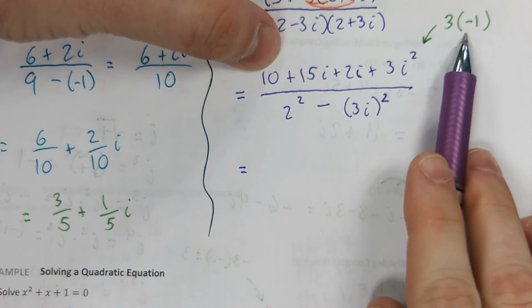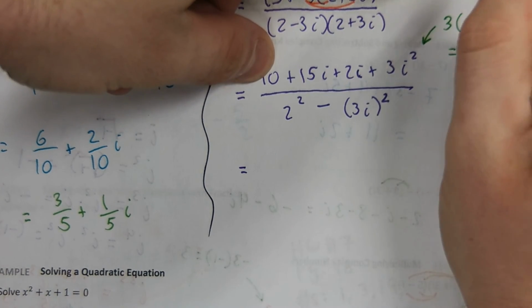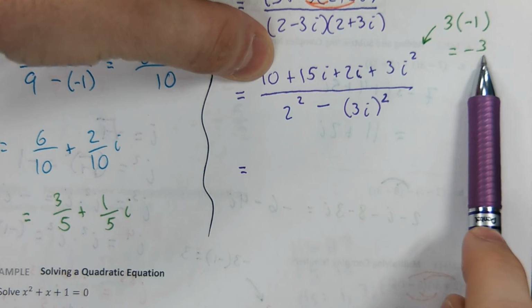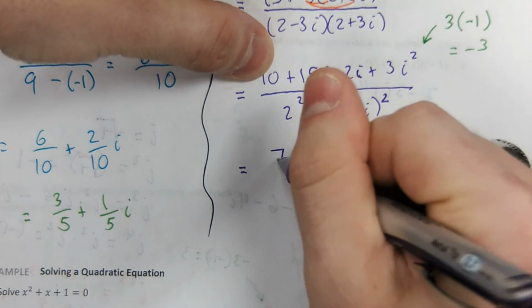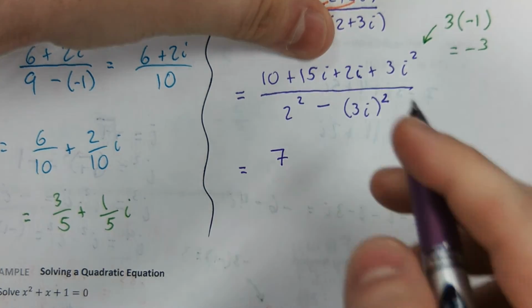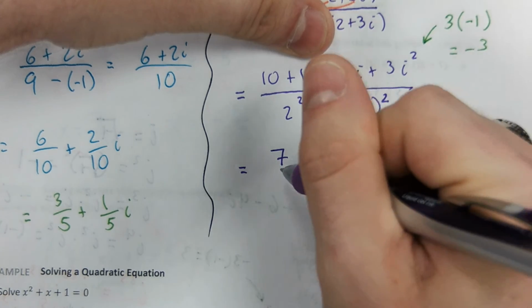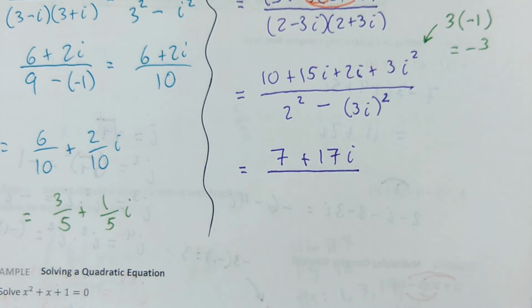Now we're just going to combine our like terms. This is 10, and this is -3. So we have 10 minus 3 instead of saying 3i squared. So 7, 15i plus 2i is 17i. And what do I get in the denominator?